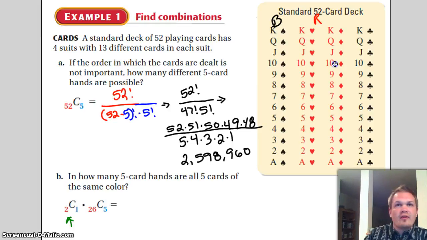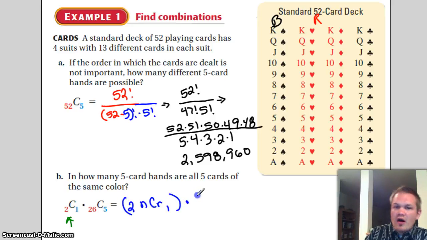And then I want 5 of those. So when I type that into my calculator, if you were typing this into a scientific or graphing calculator, it's going to look like this. You have the 2, and then you go into your probability section, and it's an nCr and a 1. Sometimes you may want to put parentheses around that just to be safe.